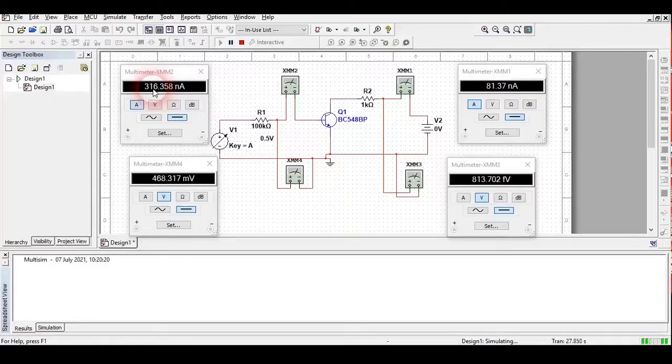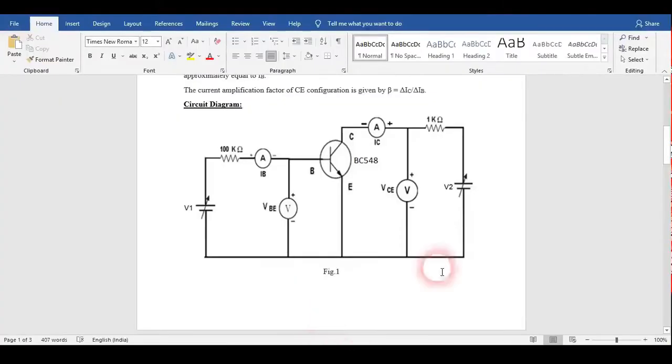We could consider this current here. We will not consider this value of voltage, we will consider it as 0 only. We will consider that VCE is 0.